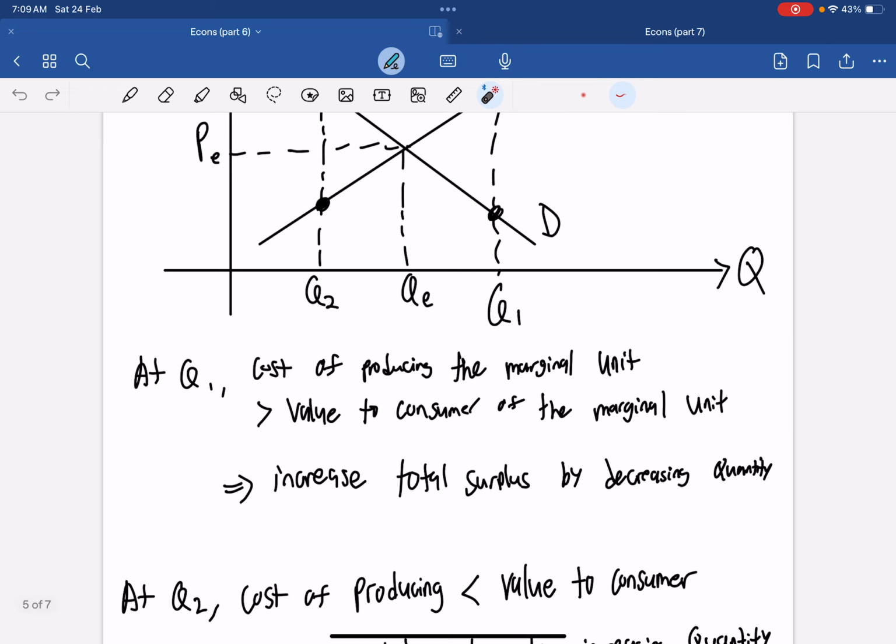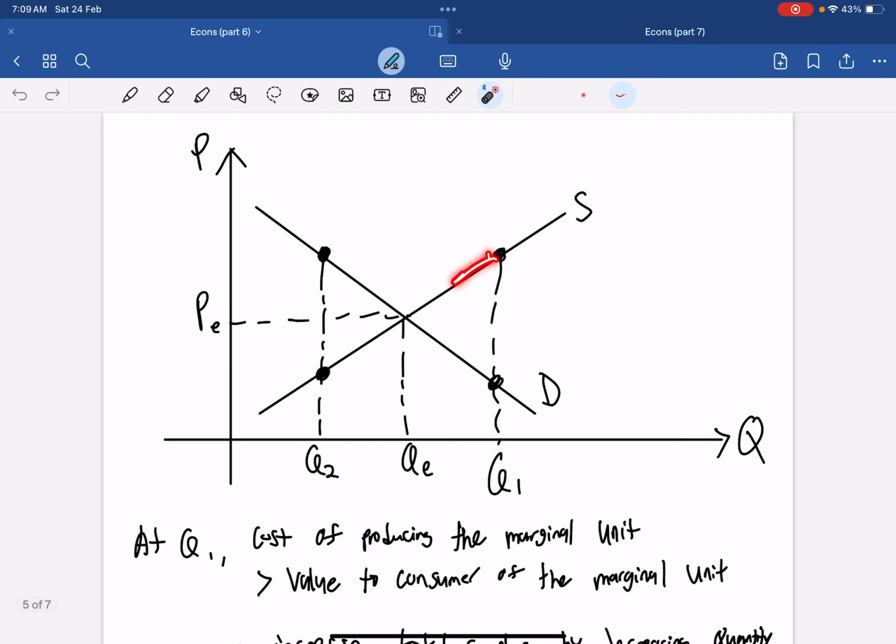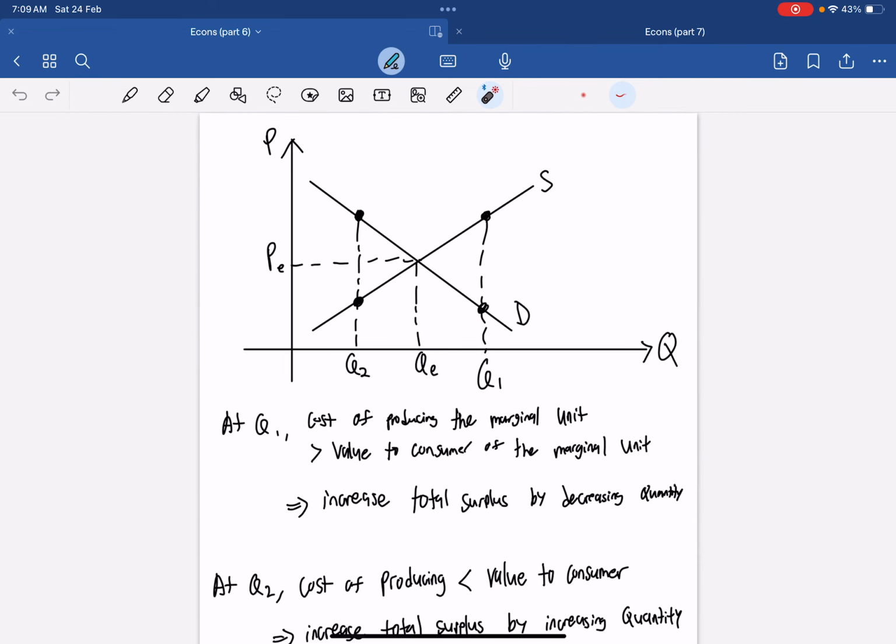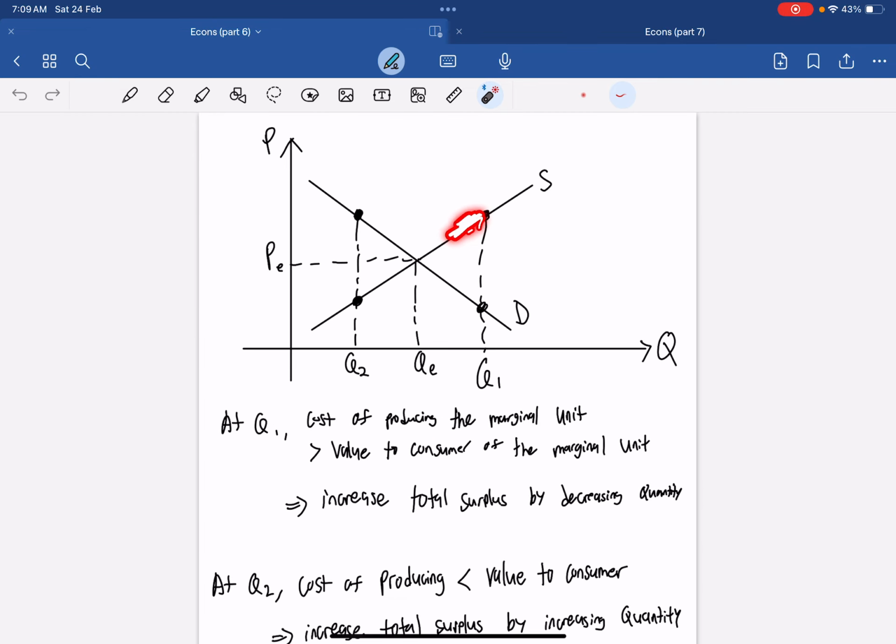So in that case, you can increase the total surplus, because your cost is more than your value, so you just decrease the amount of items you're building. Then your cost decreases and your value to the consumer increases.